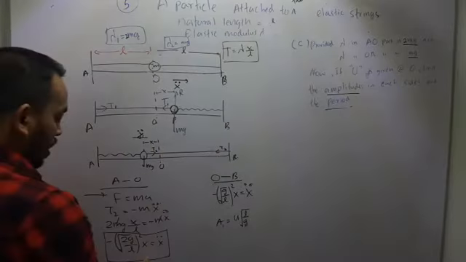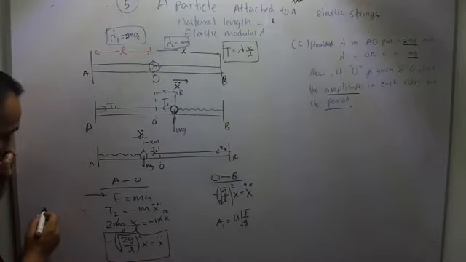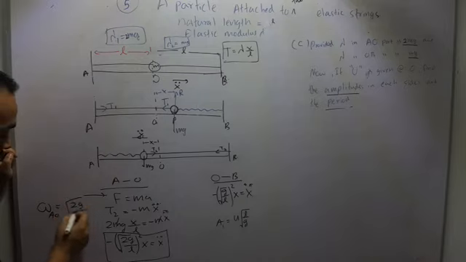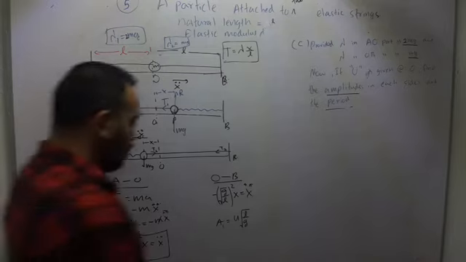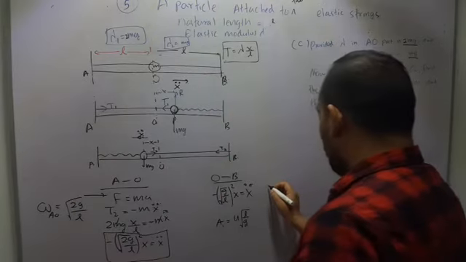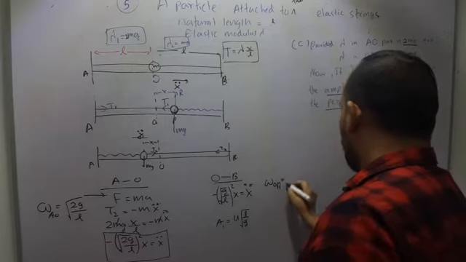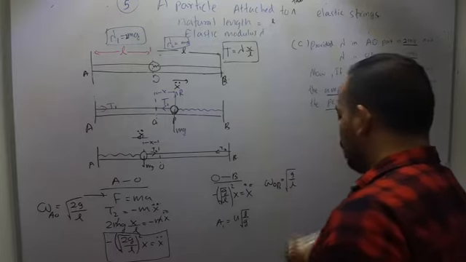For this, omega AO would be root 2g over L, and omega OB would be root g over L.